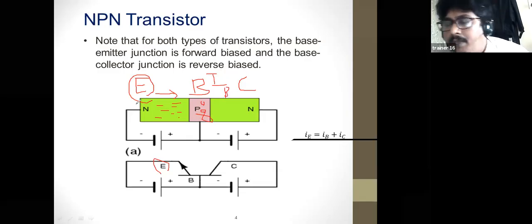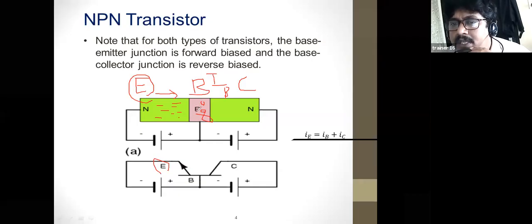Again, I am repeating. Here this is the emitter, this is the base, and this is the collector. From the emitter, an N-type semiconductor, electrons flow towards the P-type base, and only some of the electrons are attracted towards the holes.